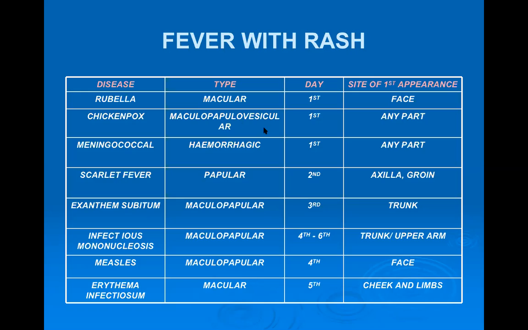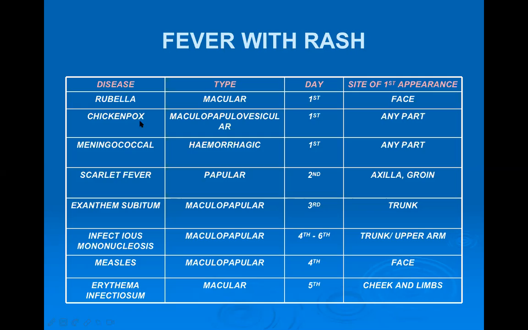If everything occurs together, almost we get the diagnosis of chickenpox, and it is a very common disease. The rash occurs on the first day of illness, and it may start from any body part, especially on the trunk and on the face. Later on, it may also extend to the limbs.